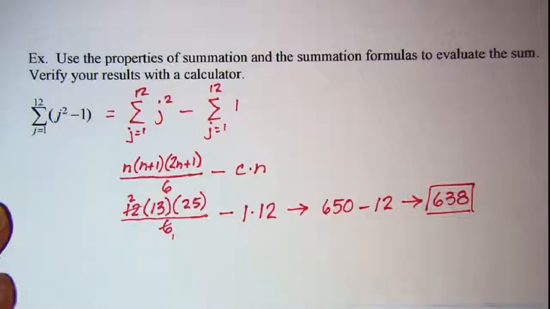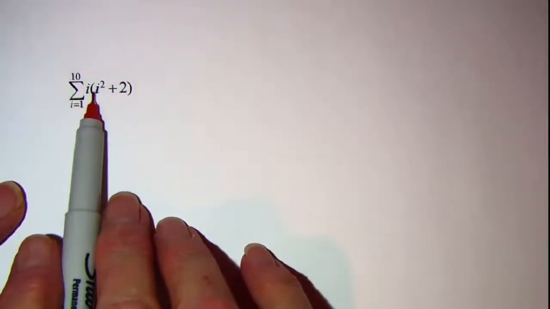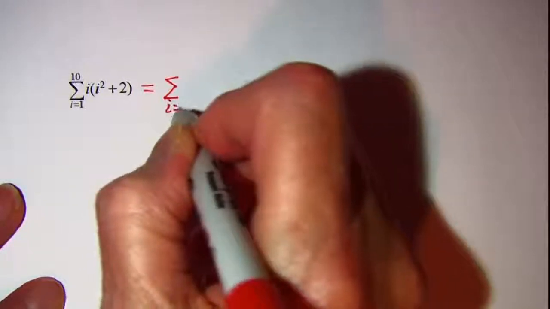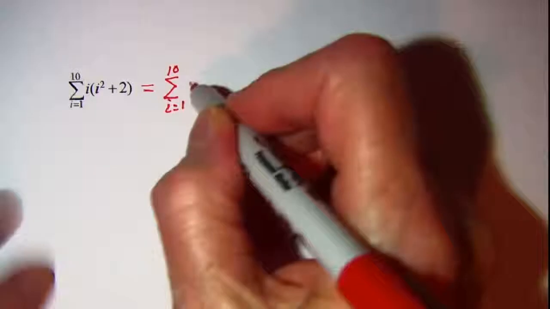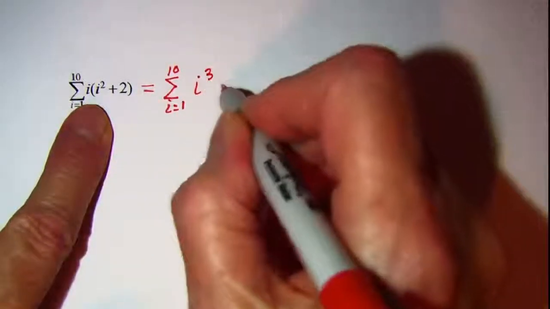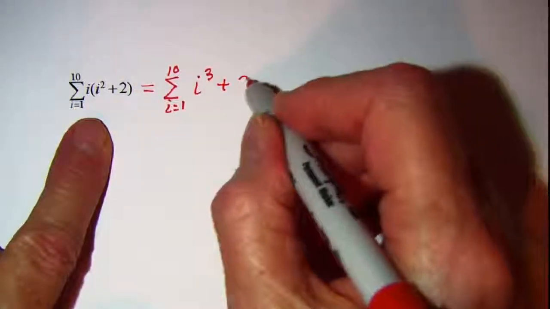Let's do another example. Right, now before I can split these up, I need to distribute this i through the binomial. So this is the summation as i goes from 1 to 10 of i times i squared is i cubed plus, and then i times 2 is 2i.